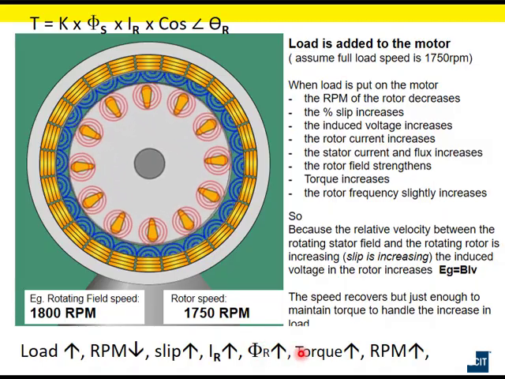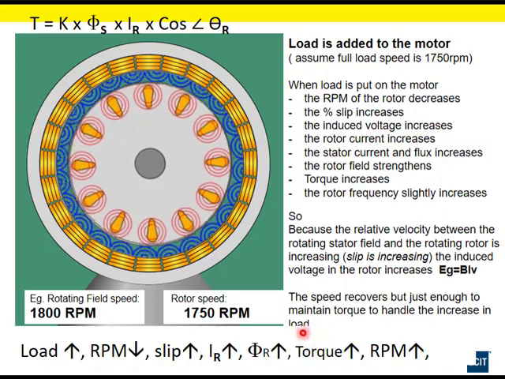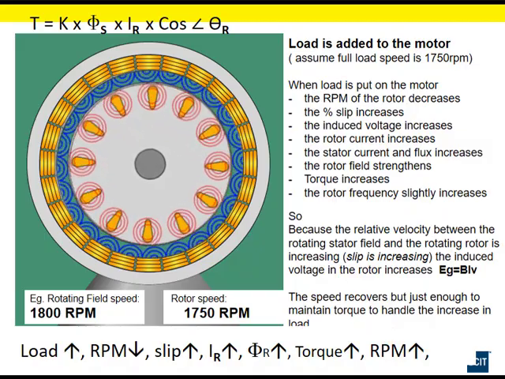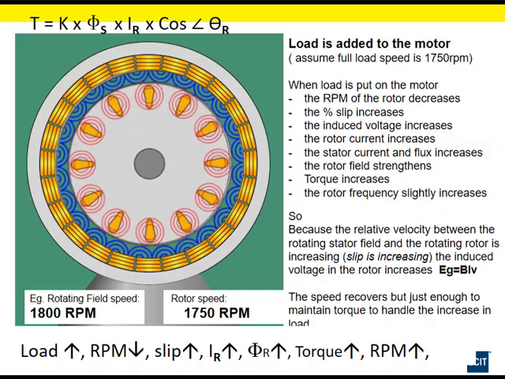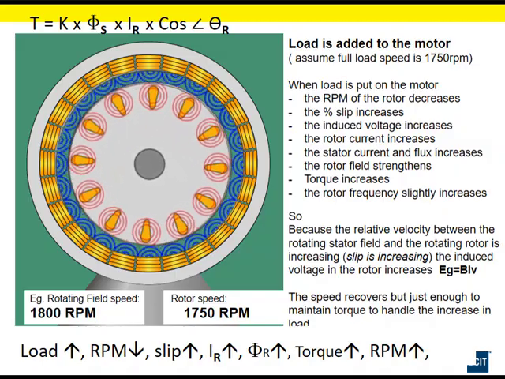Our rotor current is going to make our rotor flux go up, which is going to interact with our increased stator flux, which is going to make our torque go up. And then our RPM will increase just enough to maintain that added torque.